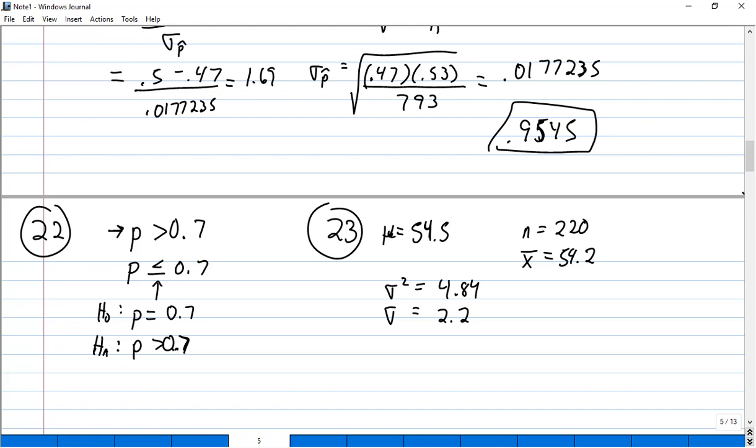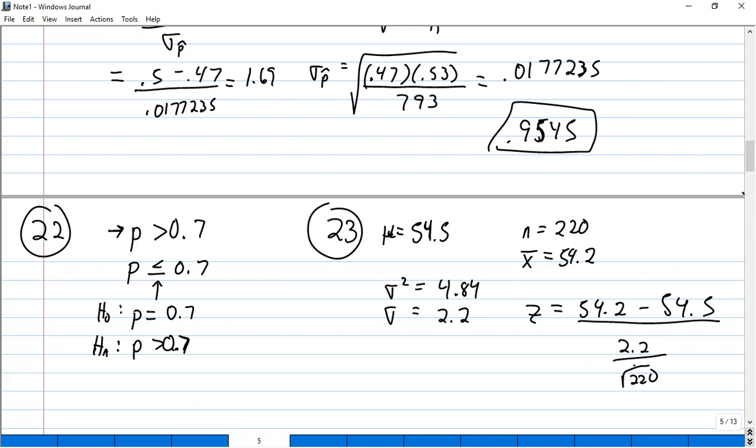All right. So to figure out the test statistic Z, we want x bar minus mu over sigma, the standard deviation, divided by the square root of 220. So subtract the top.